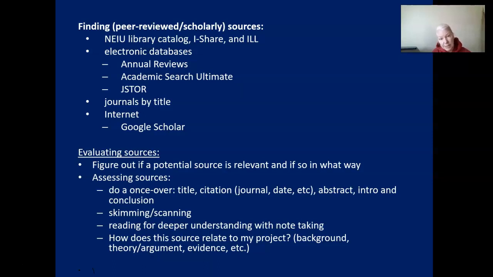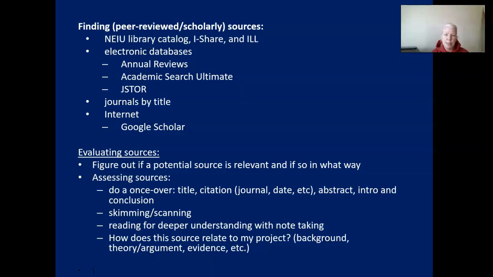There's a whole long list of databases. And I suggested in the last video, and again here, a few of those databases that I think might be especially well suited to what you are trying to do in your projects. The Annual Reviews is a journal that is completely composed of review articles, meaning it's scholars who are going through a whole bunch of publications and providing you almost like the Cliff's Notes of what's going on in a particular field on a particular subject.